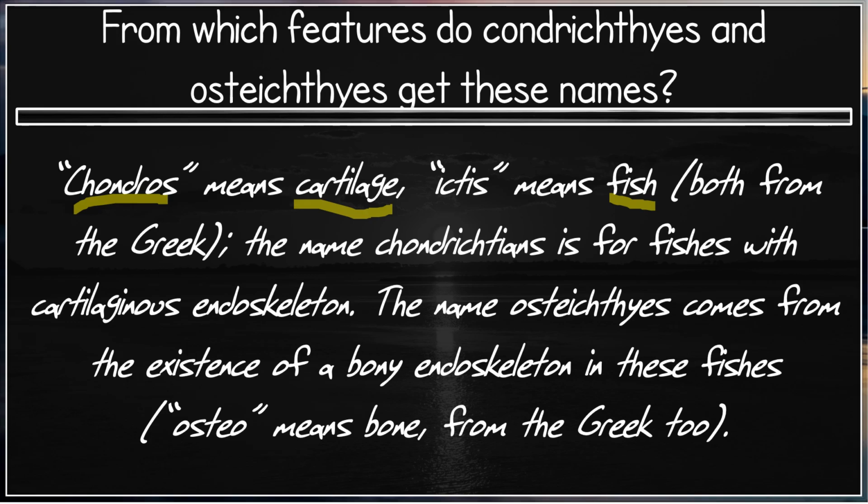The name chondrichthyes is for fish with cartilaginous endoskeleton. The name osteichthyes comes from the existence of a bony endoskeleton in this fish. Osteo means bone from the Greek word.